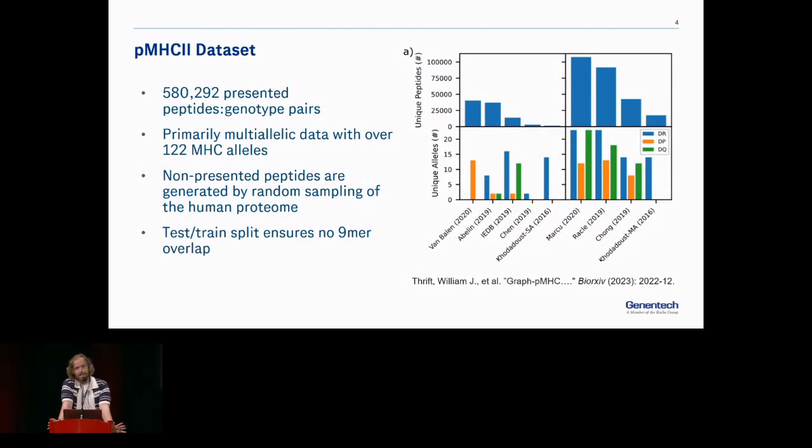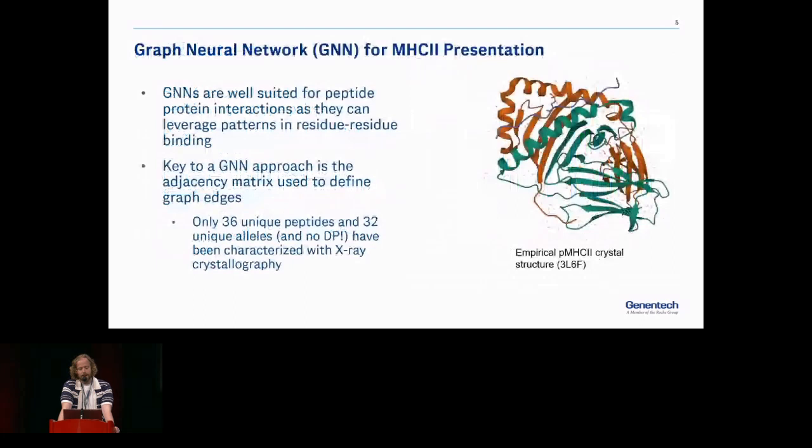And so for modeling, I think it's pretty intuitive that a graph neural network approach is going to be well suited for the problem. It's a three-dimensional binding problem, and there's a lot of sort of reused residue-residue interactions, and so the inductive bias of a graph neural network should do a good job. The challenge here, right, is in generating the adjacency matrix.